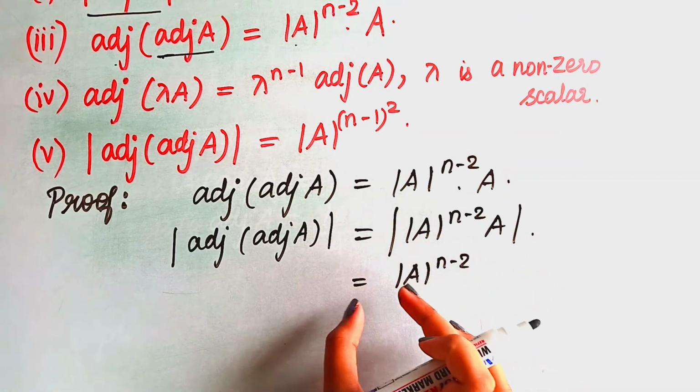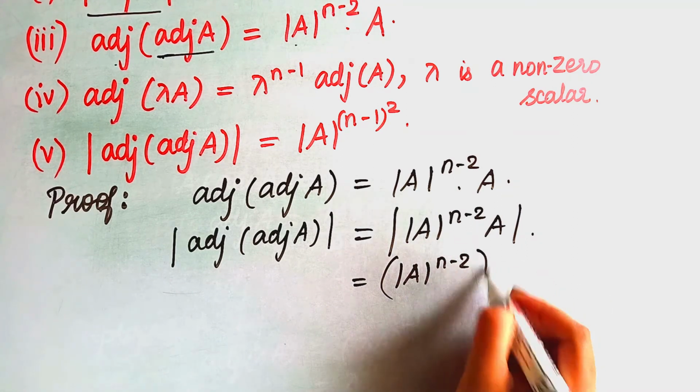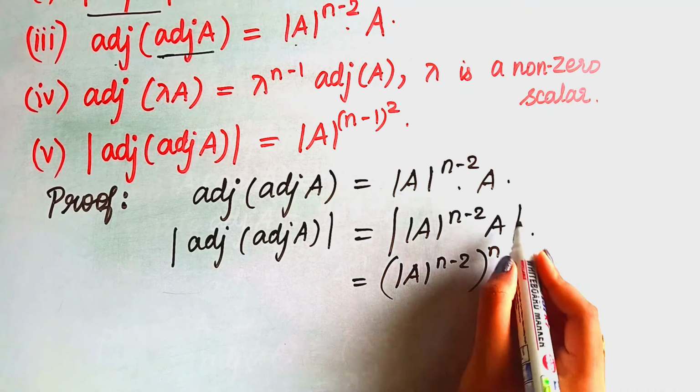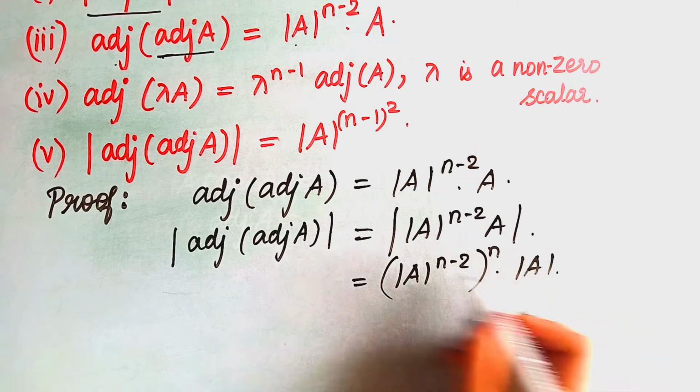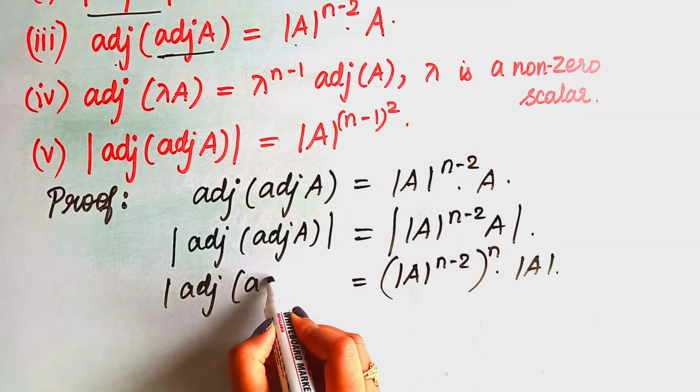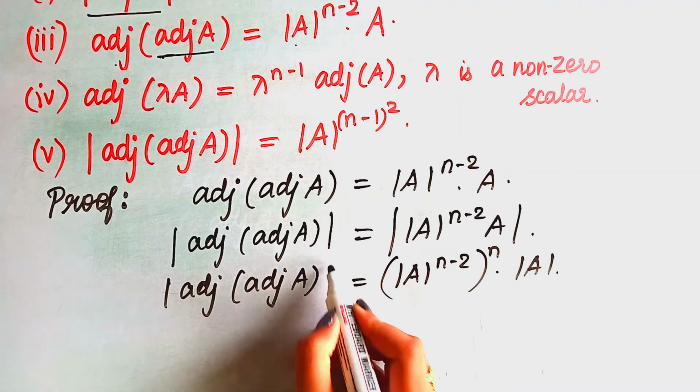I'm taking this element outside the determinant, so that we'll get the whole power n. I already said this, right? Now the balance will be a determinant A. Here it will be as it is, determinant of adjoint into adjoint A.